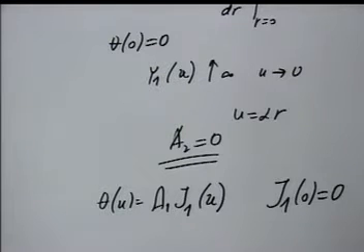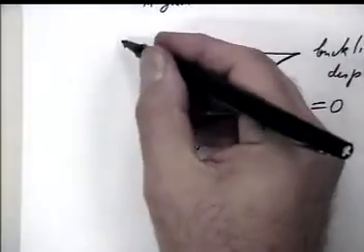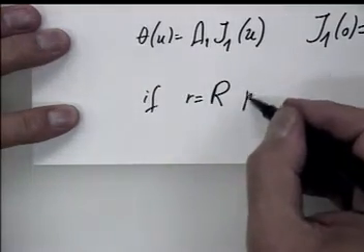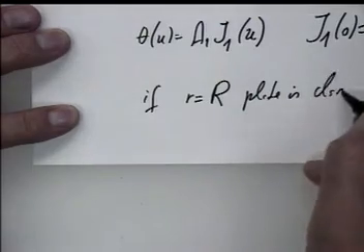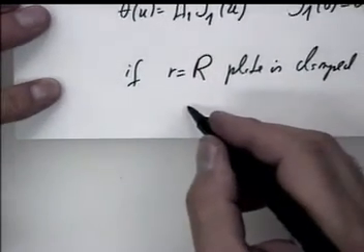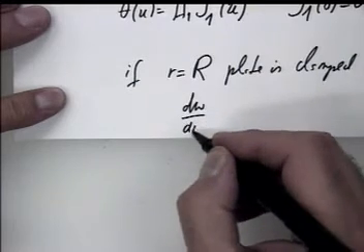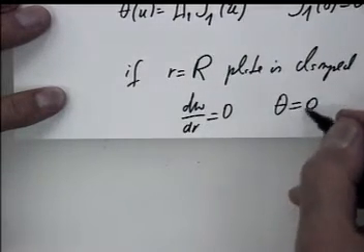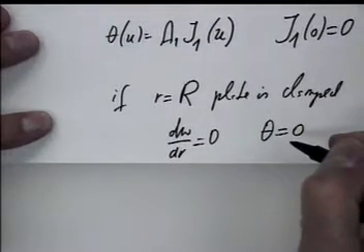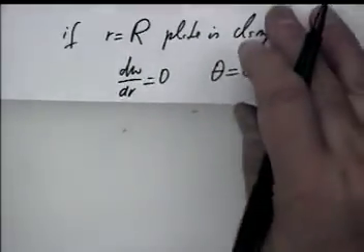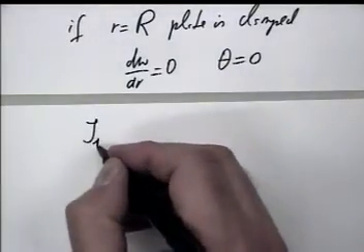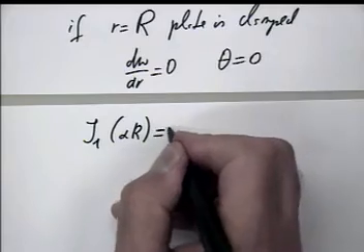Now we should consider the boundary conditions. If when r equals R the plate is clamped, that means that dW dr equals 0. Naturally, also W equals 0. So theta equals 0. Therefore, we get that J1 of alpha R must equal 0.